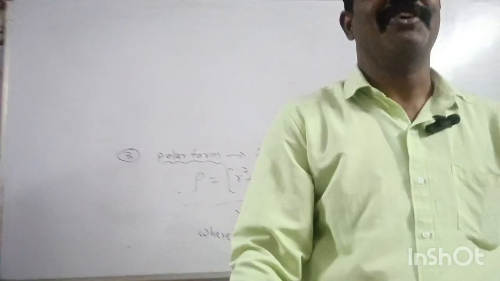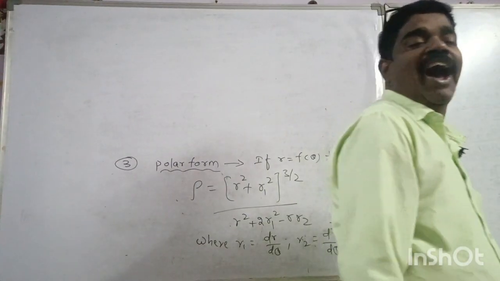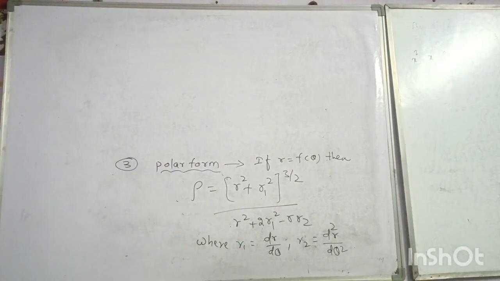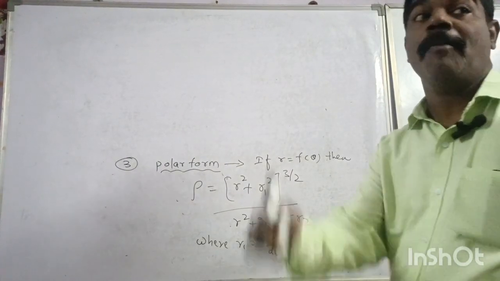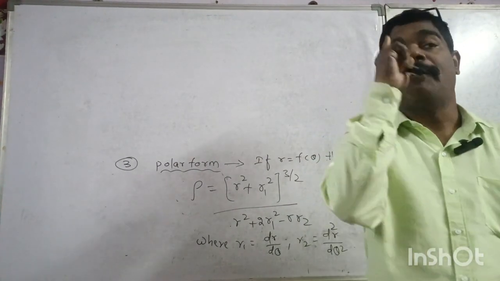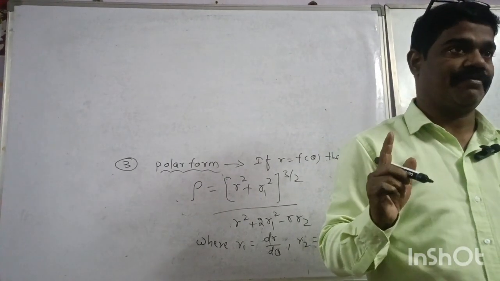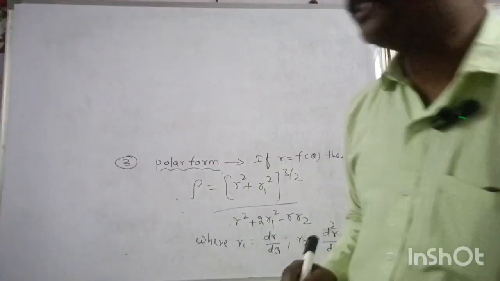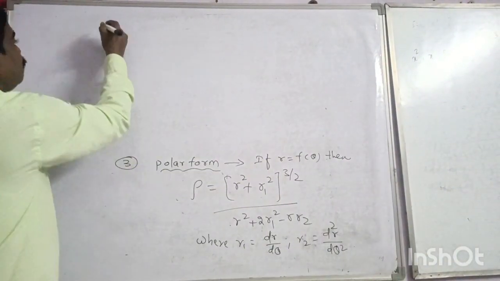Write down. Now I will give an example for finding the radius of curvature. But here you have to recognize which form the problem belongs to. See example 1.